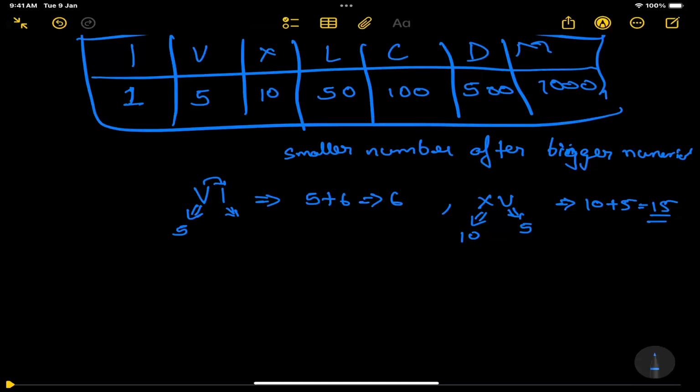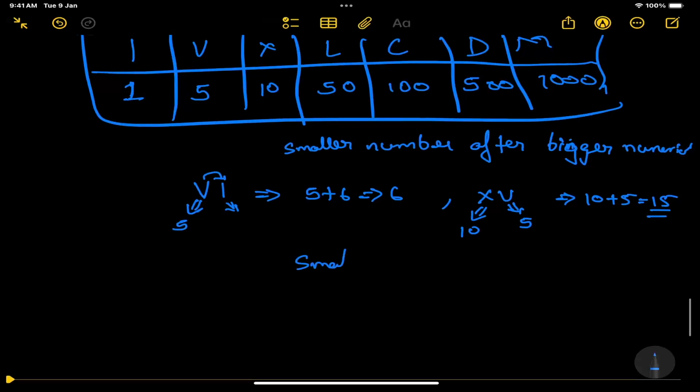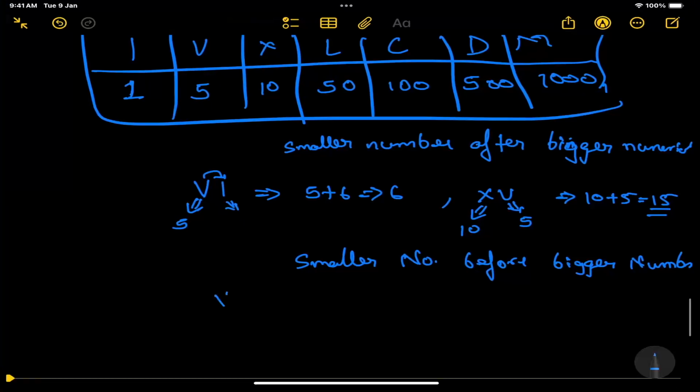Rule number 2, which is exactly opposite of this. When a smaller number comes before the bigger number, subtract. We'll take this example only where I precedes V, which means this value is 1, this value is 5.